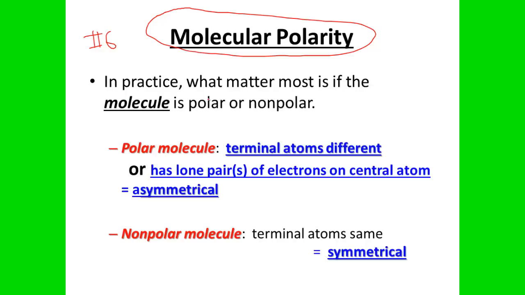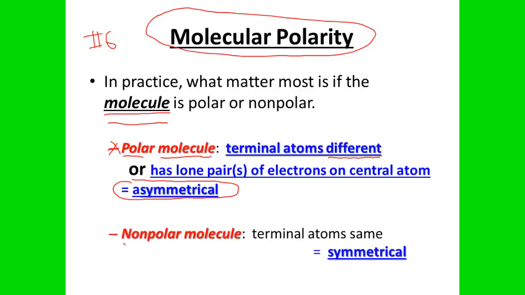In practice, what matters most is whether the molecule is polar or nonpolar, not the bonds. So what you need to know: polar molecules have terminal atoms, those are the ending atoms, that are different, or have a lone pair or pairs of electrons on the central atom. This means it's asymmetrical. If we're asymmetrical, it's a polar molecule.